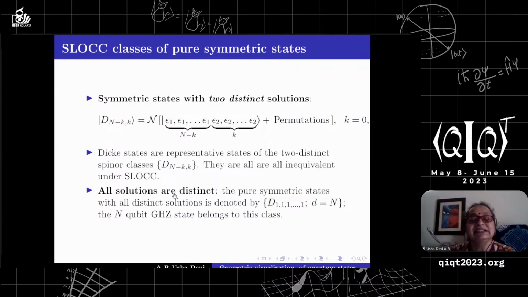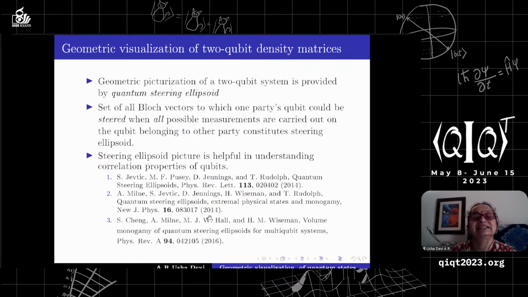So all these solutions are going to be inequivalent. That is, under stochastic local operations, you cannot reach one state from another. They are geometrically distinct. That's what this representation tells you. It also talks about entanglement and geometric measure of entanglement and such things.